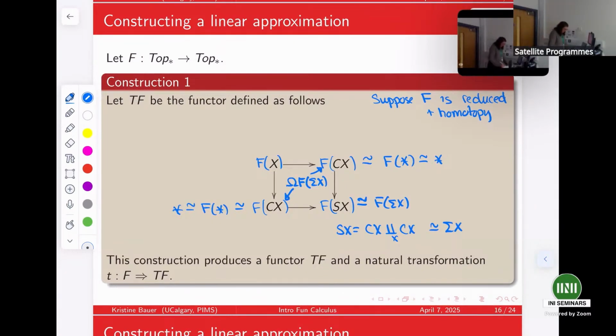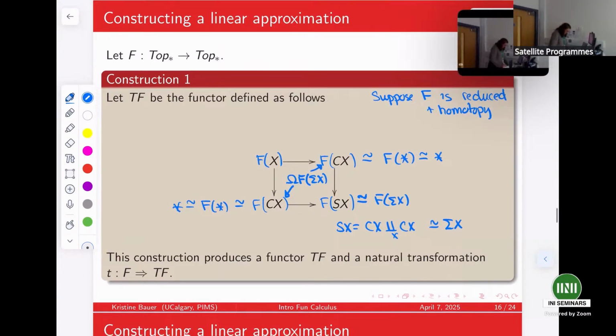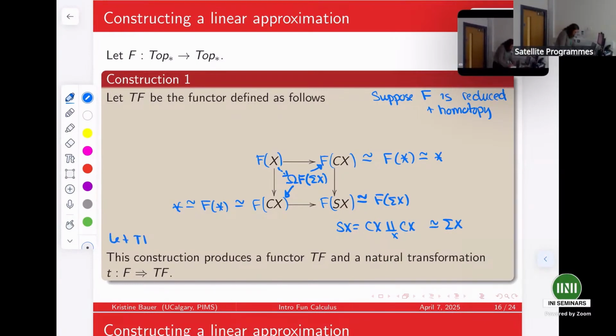And from this, what I get is a unique map F of X to loops F suspension X. All right, so let TF be the homotopy pullback of the diagram. In other words, loops F suspension of whatever space I started with.